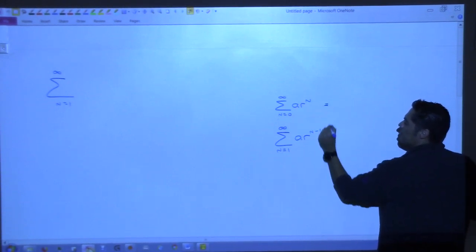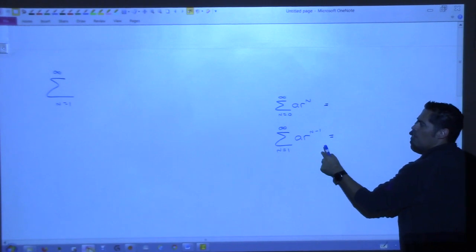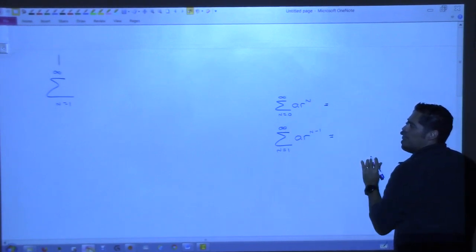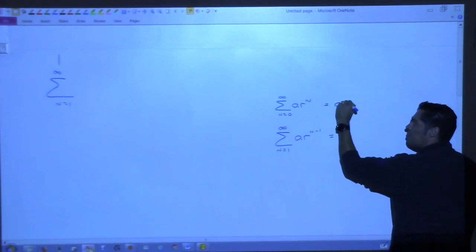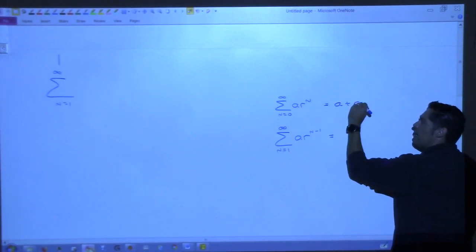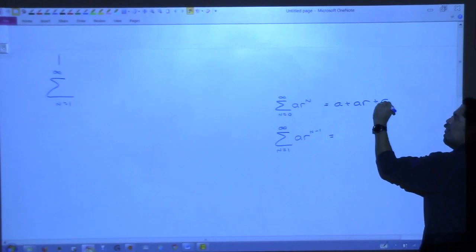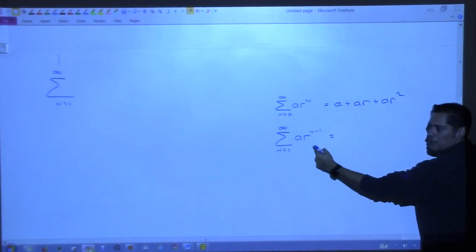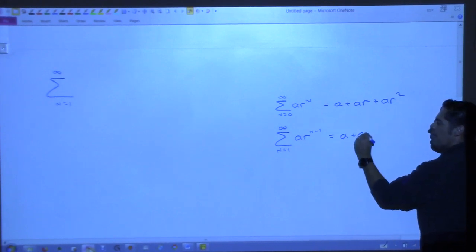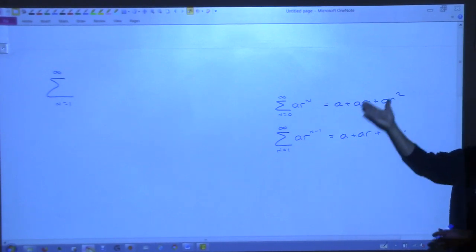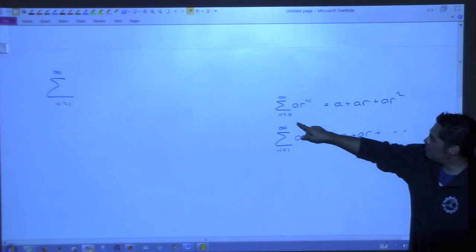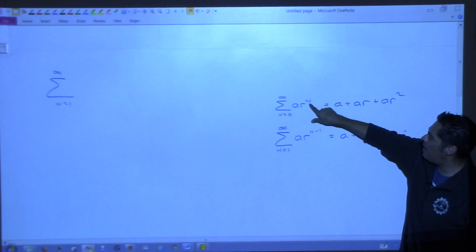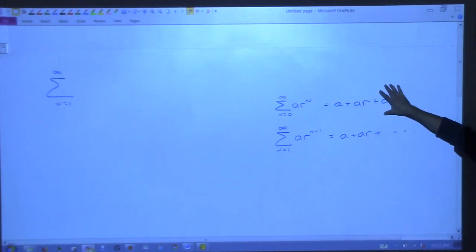But I want us to compare these two. What would happen if I plug 0 into this? What's the first thing I get? A. And then when I plug in 1, I get AR, and then the next one, AR squared. You see that? That's exactly what this gives you: A plus AR plus. So these are the exact same things. By changing the index from 1 to 0 and changing n minus 1 to n, you create this same exact series.